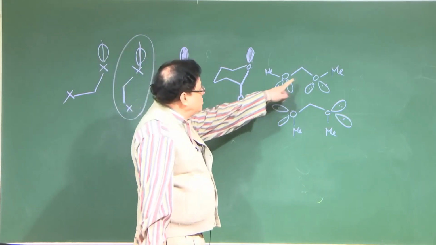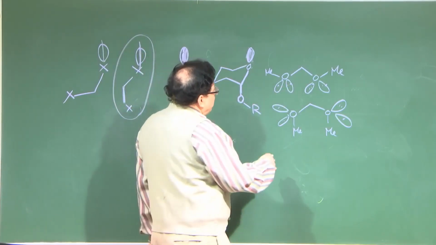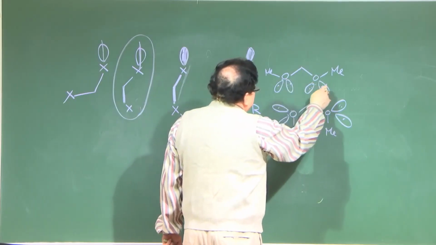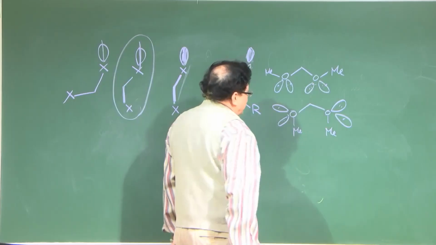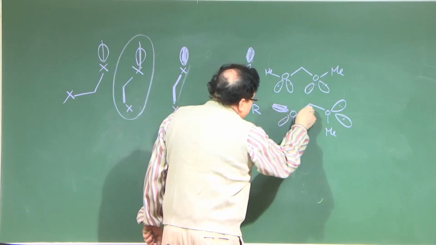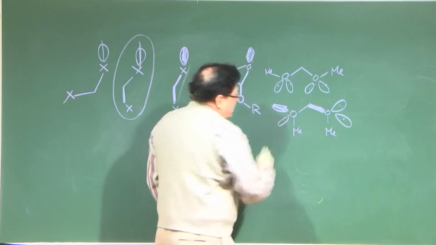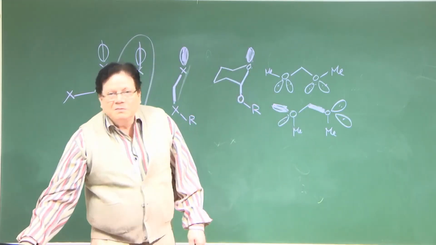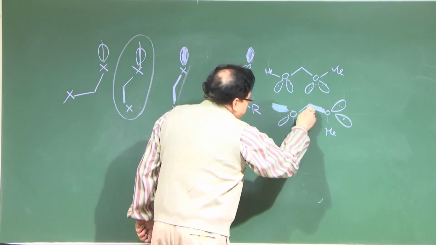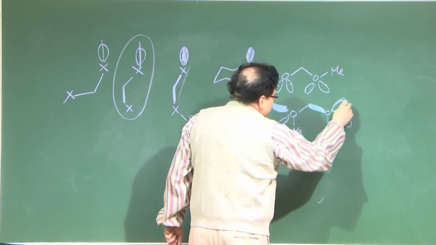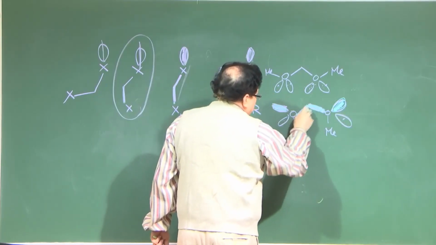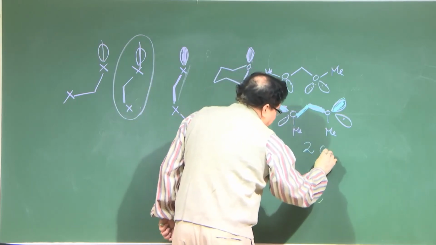Like here, in these two systems, there is no anomeric effect in this conformation. But here, this is the lone pair and this is the bond I am talking about, which are anti to each other. So, there is one anomeric effect here, and there is another anomeric effect between this and this. So, there are two anomeric effects.